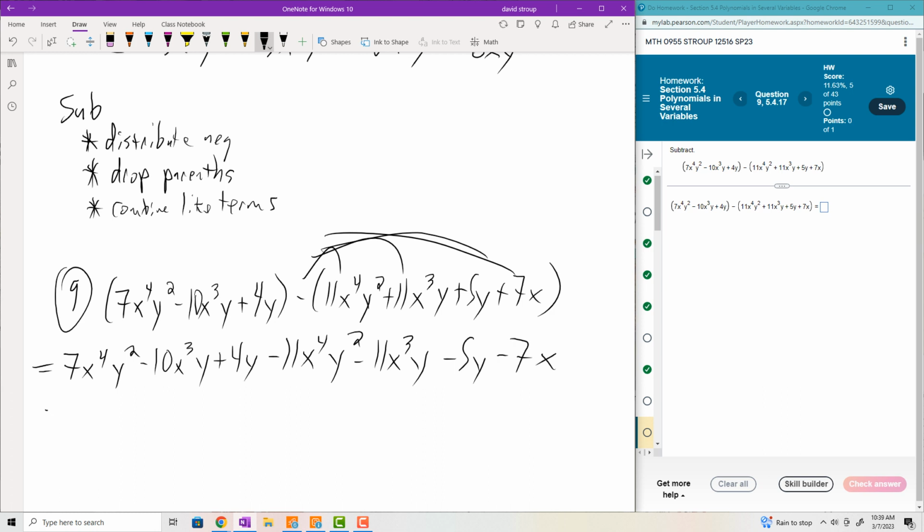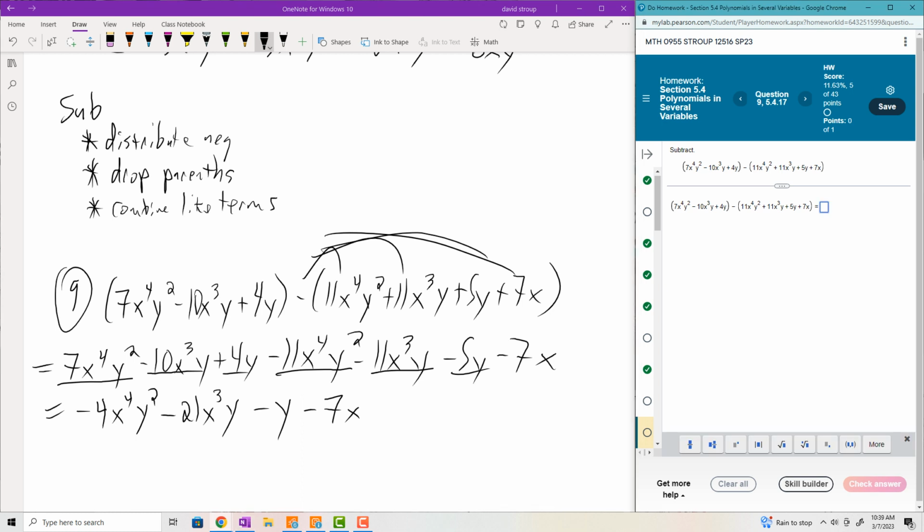Okay. And then, okay, x to the 4th y squareds. There's negative 4 of them. X cubed y's, so negative 21 of those. And then y terms, looks like just negative one of those, and then finally negative 7x's. Okay.